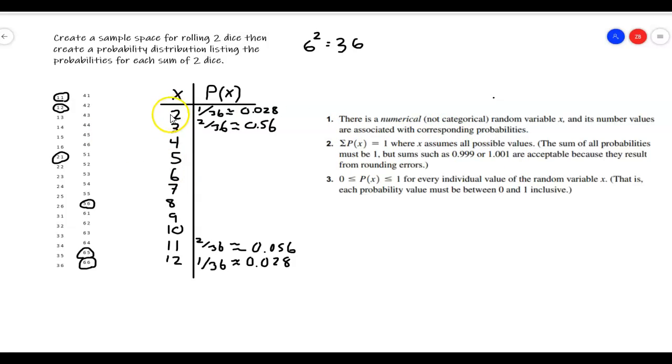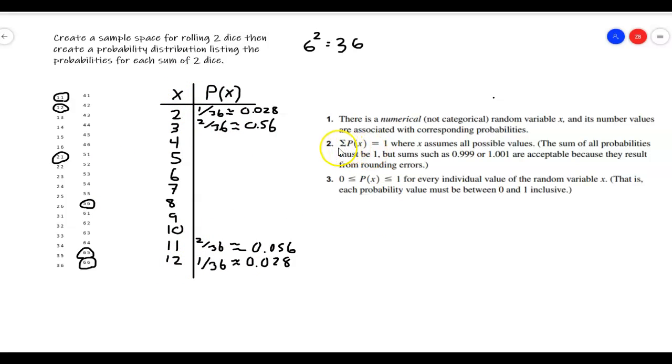You can't have colors, or jersey numbers, or something that doesn't represent either a count or a measurement. So it has to be numerical, which this one is, and its number of values are associated with corresponding probabilities, which they are. This 2 here corresponds with this probability here, the 1 out of 36, or the 0.028. So this first one is met by this probability distribution.